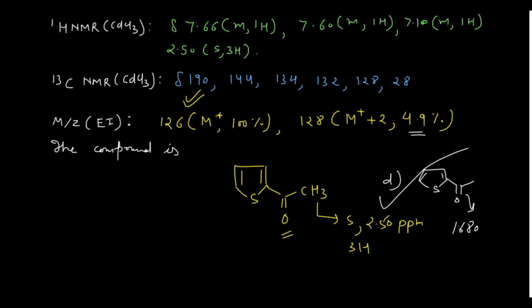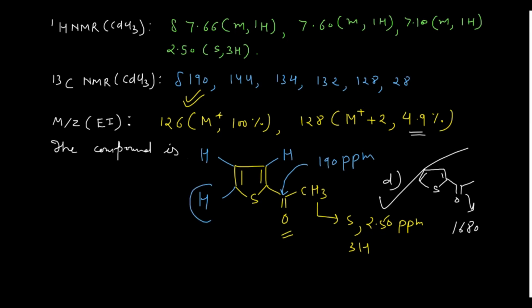If you see the carbon NMR spectrum for this one, this carbonyl resonates around 190 ppm. I think there is no problem in that. And then you are having the hydrogens here.